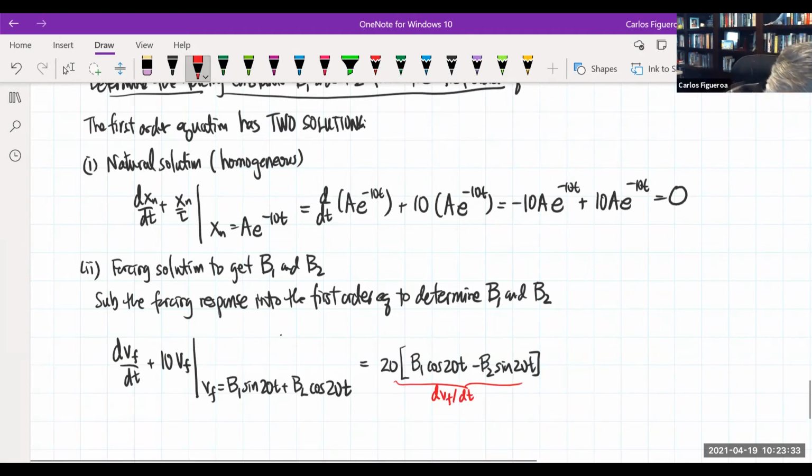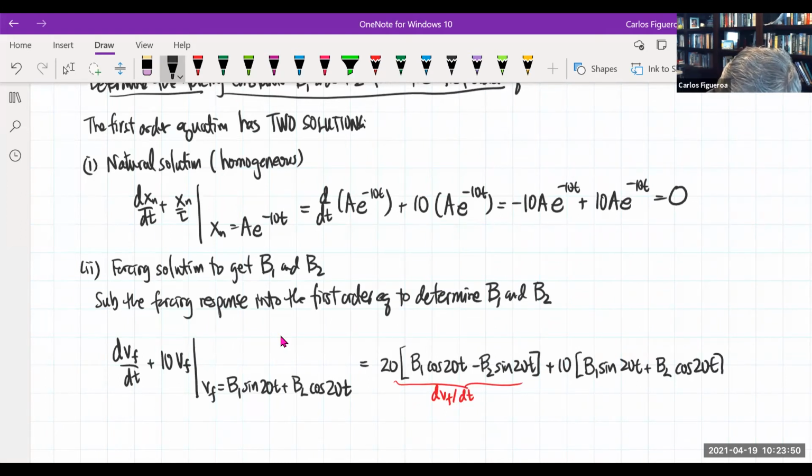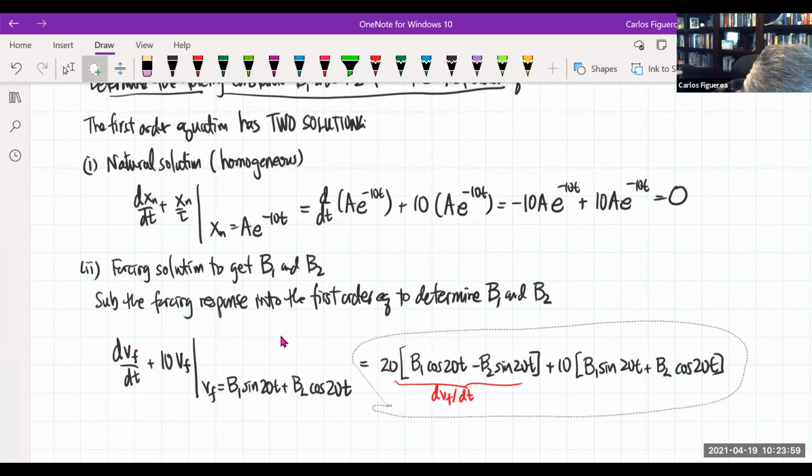Now let's look at the second term. It should be 10 times the solution, which will be B1 sine of 20t plus B2 cosine of 20t. Now I'm going to move this over here because I'm running out of space.